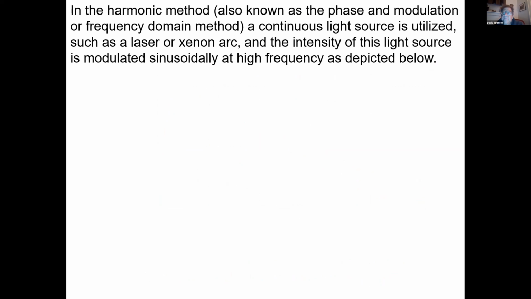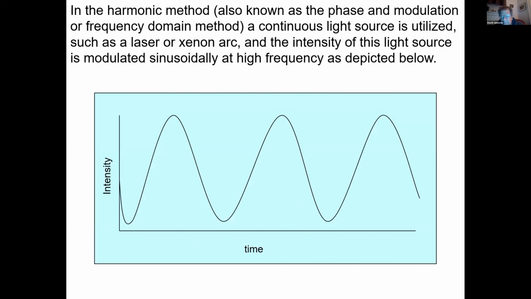Now let's think about the harmonic method, also known as the phase and modulation or frequency domain method. Here you have a continuous light source, which is modulated sinusoidally. Traditionally, let's think of a continuous source whose intensity or output is modulated sinusoidally, as we see here.